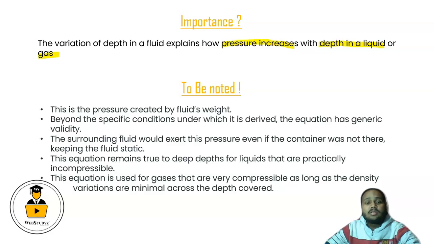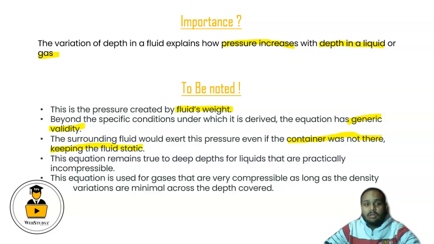So the very first point is that this variation of pressure is created by the fluid weight. Fine. And beyond the specific condition under which it is derived, the equation has generic validity. Also, the surrounding fluid would exert this pressure even if the container was not there, keeping this fluid static.